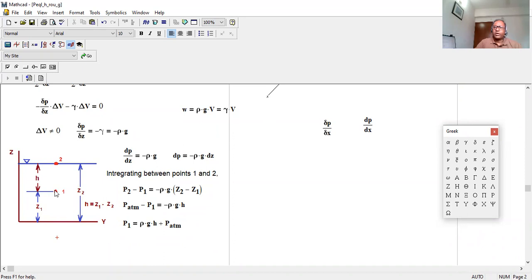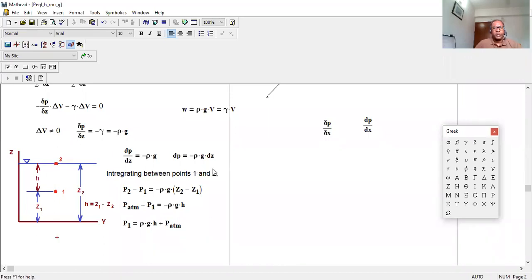So what does it mean? If I think this is the top surface of the water or sea, then what will be the pressure at point 1, that means at a depth h? We will figure that out by integration.